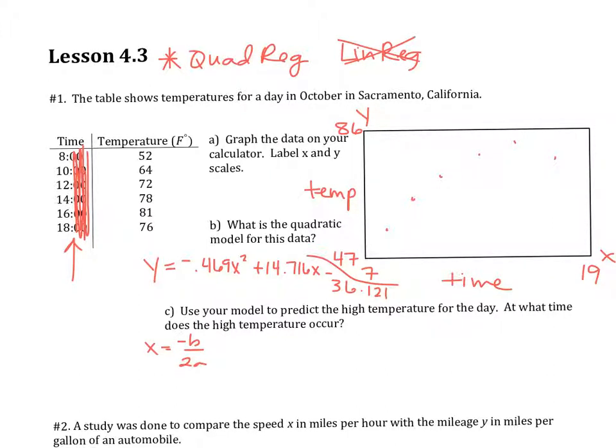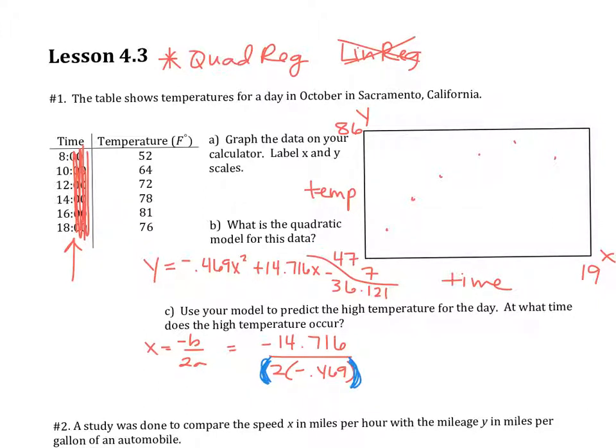And these ones you're going to want to just plug into your calculator, the whole thing. So this is going to be a negative b, so negative 14.716 over 2, and your a is negative 0.469. Okay? Make sure if you're going to plug this into your calculator as one full thing, you have to put parentheses in.